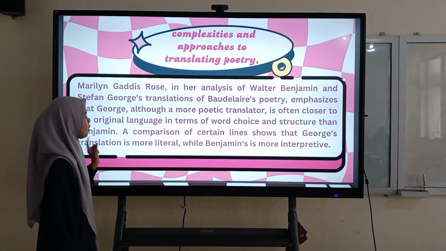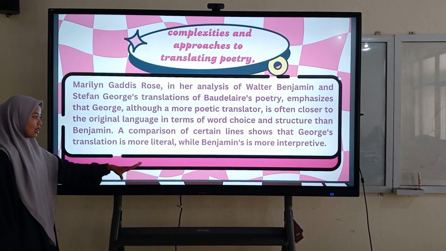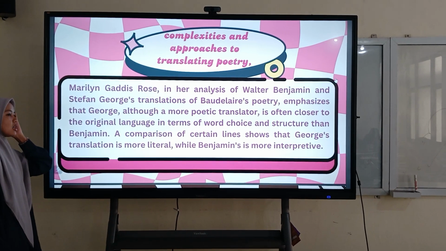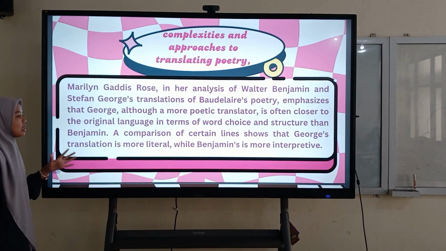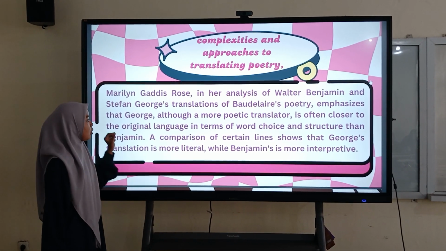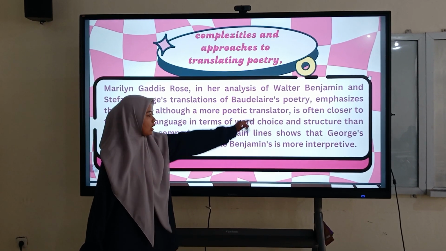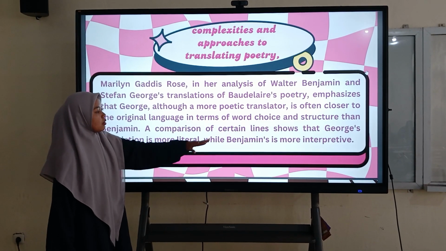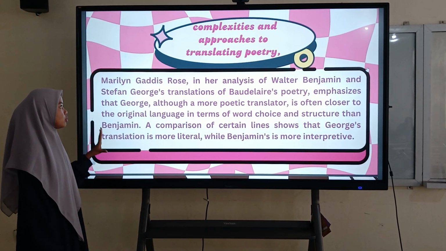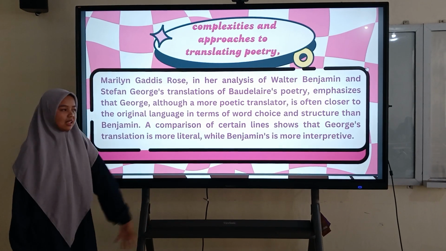A comparison of certain lines shows that George's translation is more literal, while Benjamin's is more interpretive, because he takes more of an approach to the theory of translating.